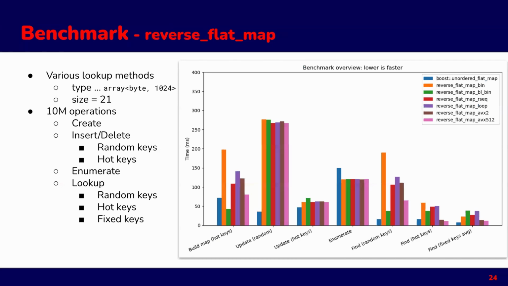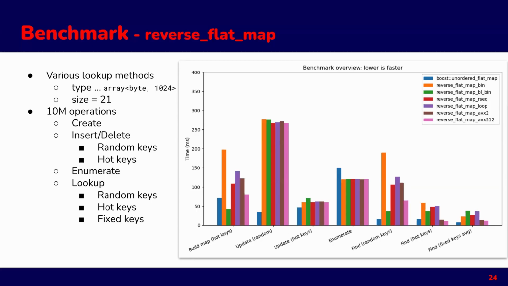Okay, so let's look at the benchmark, the same benchmark. Here is a creation, not very interesting. The random update: all the others except the baseline, the hash map, are very slow. But for updates of hot keys, it's much better. And the enumeration is as expected.